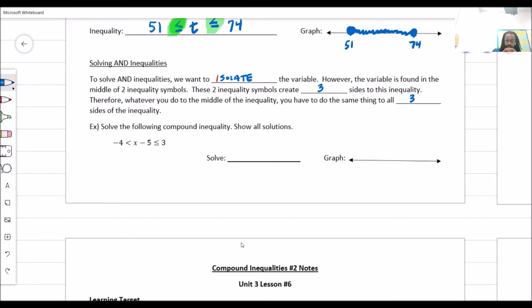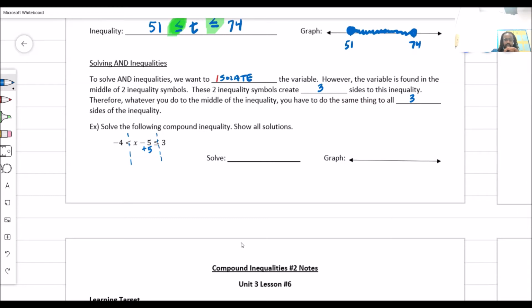So basically, how I think of this is, you can almost ignore the outsides at the beginning and just say, okay, what do I need to do to the middle to get the variable by itself? Then once you make that decision, just do it to every side. So again, we have 3 sides. In order to get x by itself, I'm going to add 5.